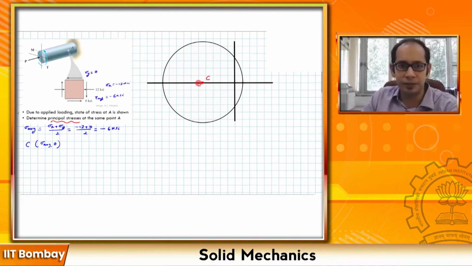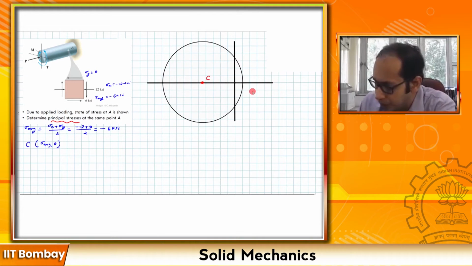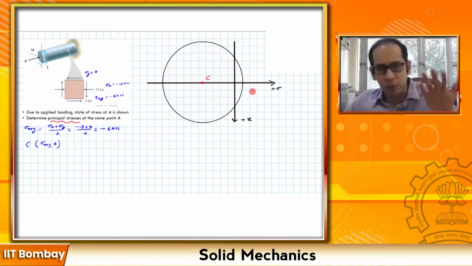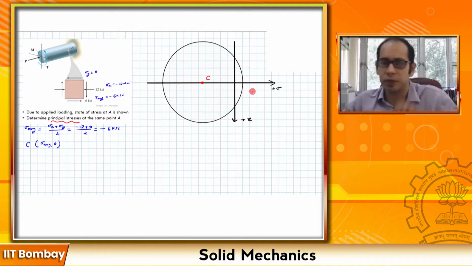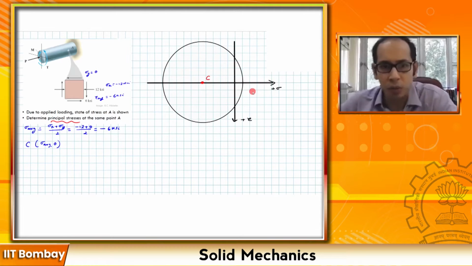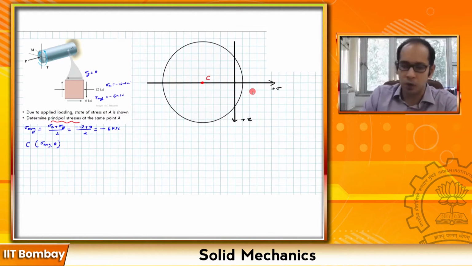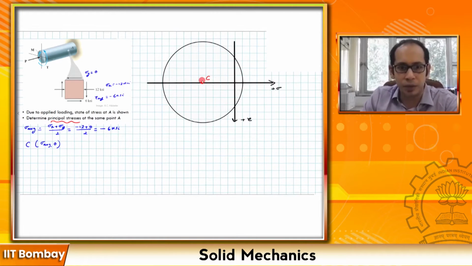If you draw the Mohr circle, these are the axes. Always remember that towards the right I have the positive sigma, and towards the bottom I have the positive tau. This is our convention, and as I said, different books have different conventions, and the convention we are following is the easiest one to have a one-to-one mapping from the real plane to the Mohr plane. Now we have marked the center of the circle C, where we know the ordinate is sigma average comma 0.